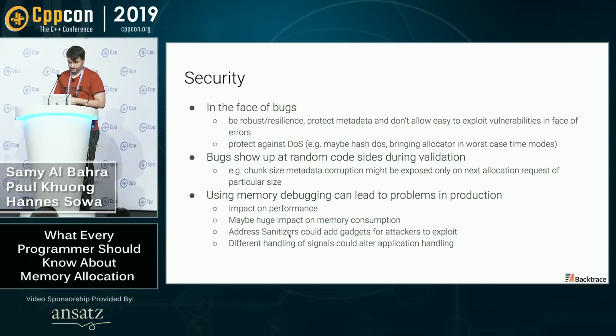It's also necessary to say that a lot of memory debugging libraries, which many people think they should run in production because they abort the program much earlier, also add gadgets to your program which can be exploited by attackers. There have been attacks in the past using address sanitizer on production systems, and I would still not recommend running them in production.